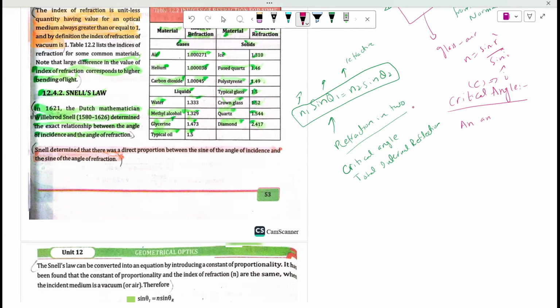An angle of incidence for which the refracted ray makes an angle of 90 degrees with the normal.